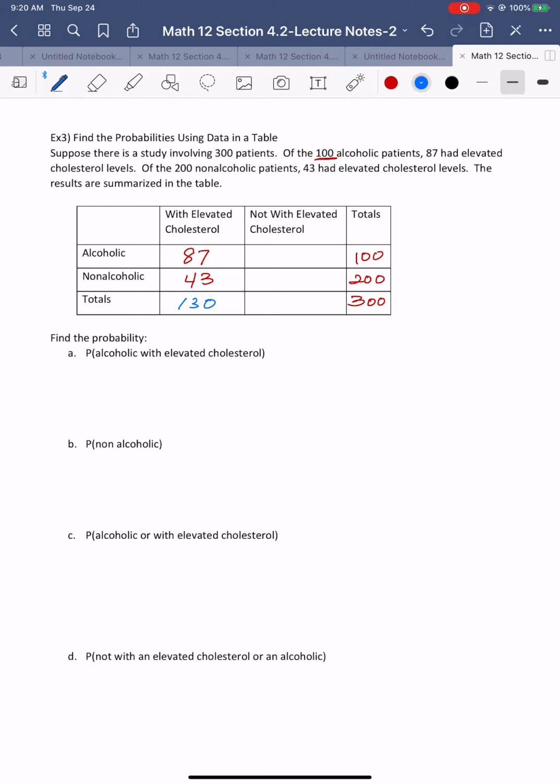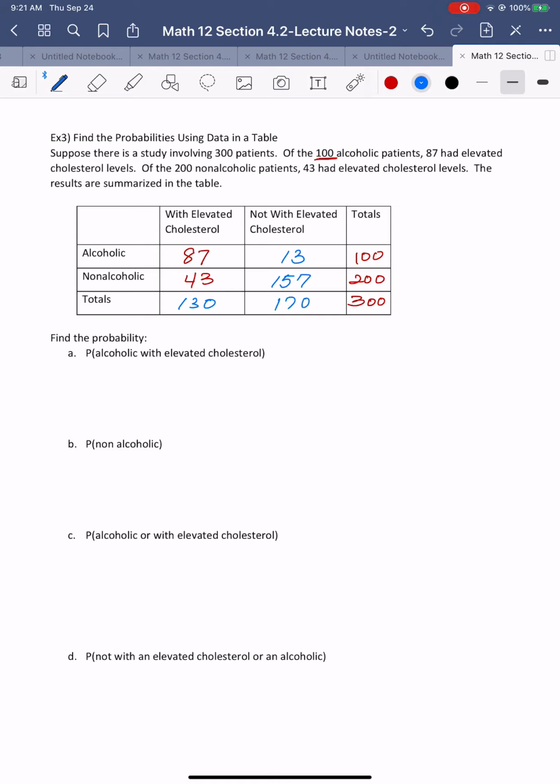So the difference, 100 minus 87, is 13. And then the difference between the 43 and 200 is going to be 157. And then if you add it up, these two will be the sum of here, or 300 subtract the 130 should be this number. So you should get 170. All right, so this is what we got.